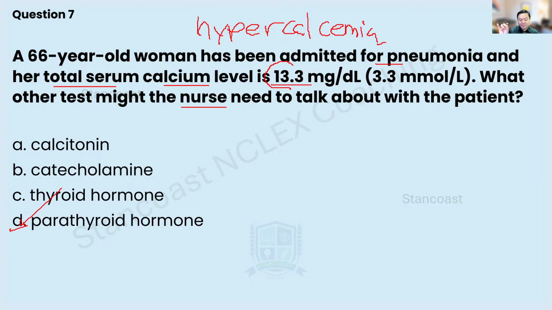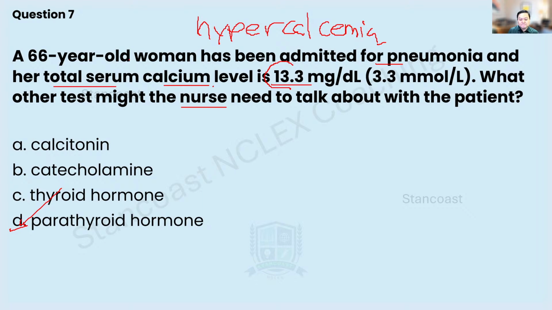It will cause the calcium ions to be stored back into the bone matrix. But in this case, we are going to select the parathyroid hormone because this is the primary hormone that is responsible more for regulating the totality of the calcium level in the bloodstream. Again, the PTH plays a much more major role in the calcium regulation.